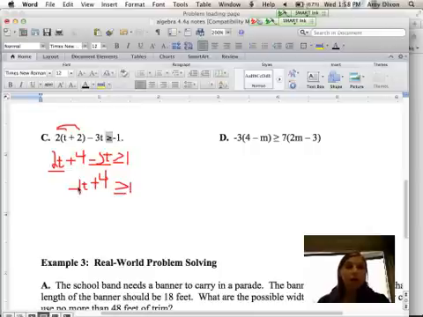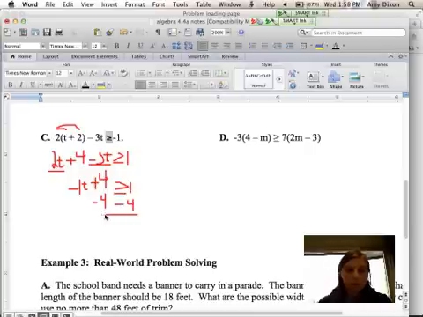And then we have to get the negative 1t by itself, so we're going to go ahead and subtract 4 from both sides. Okay, so we get negative 1t is greater than or equal to, and then 1 minus 4 gives you negative 3.